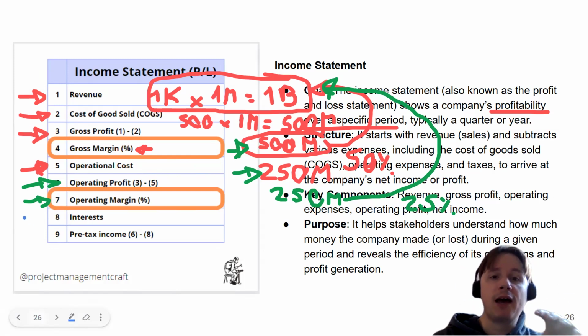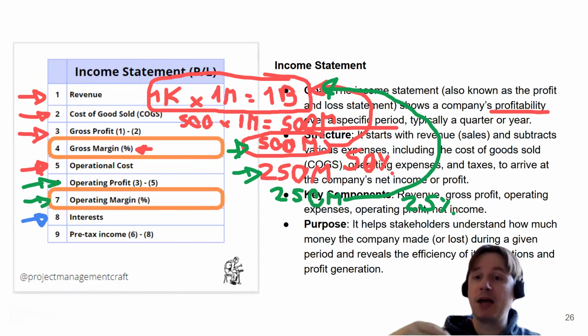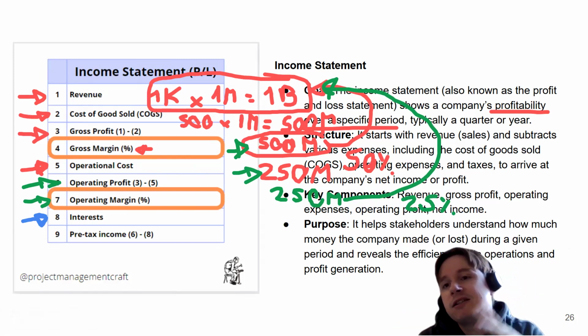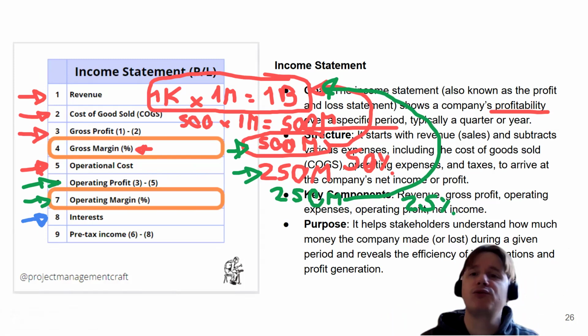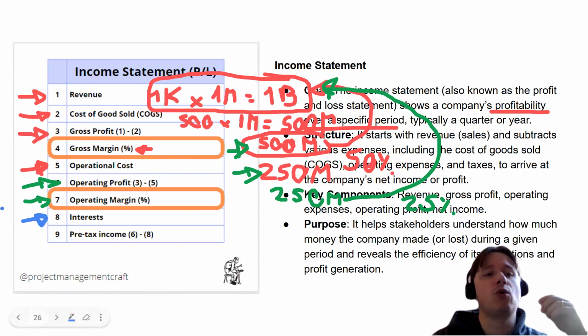So every time they take money and need to pay interest for that, it shows up here. Notice the interesting part is that it comes before taxes. That's also one of the reasons companies do that. When they take money from a bank, for example, they pay interest, but that interest is tax deductible. So it kind of makes sense. Of course, you need to have some reasoning for doing that. It's not just taking money. Otherwise, you go bankrupt if you cannot pay the interest.